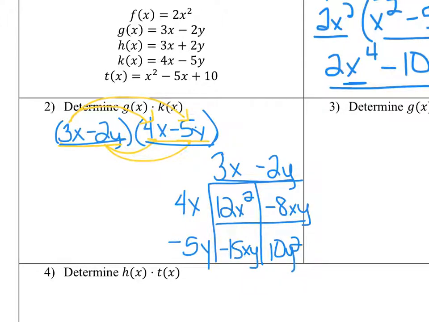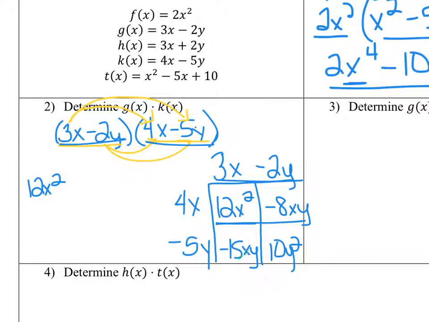So now that's the multiplication. Now that I'm done multiplying, I just have to combine like terms. So 12x squared has no like terms. There's no x squared term around here. This one is y squared, so I can't combine those. This one and this one are both xy's, so these are like terms.